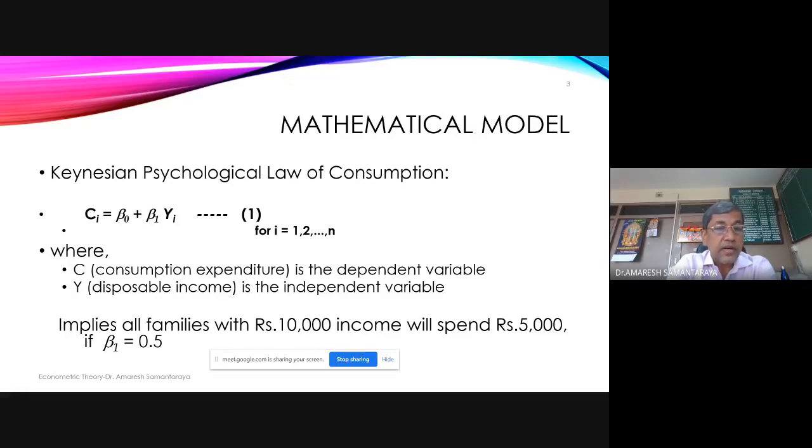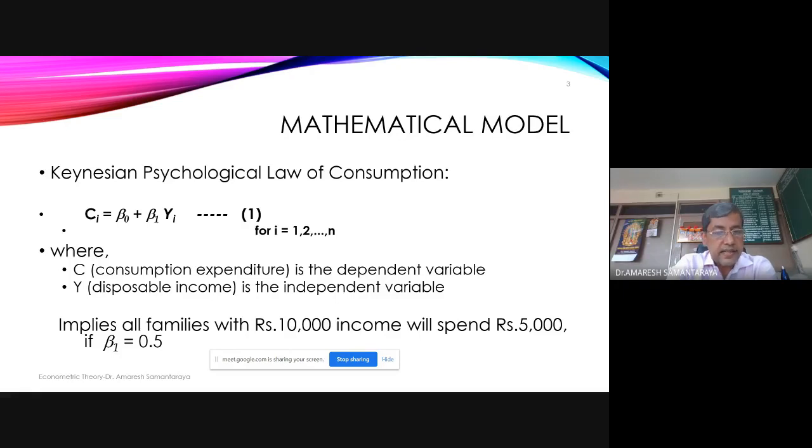This model will suggest, say, if YI is 10,000 for student 1, and it is also 10,000 for student number 9, and also 10,000 for student number 21, then according to this model, all 3 students, student number 1, 9, 21, will have the same consumption expenditure, isn't it?